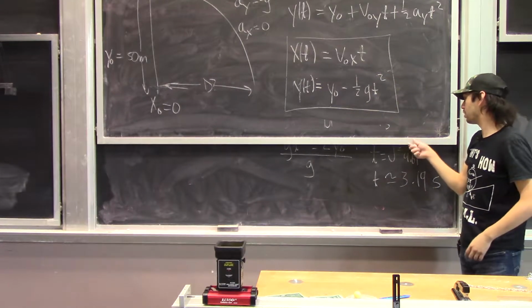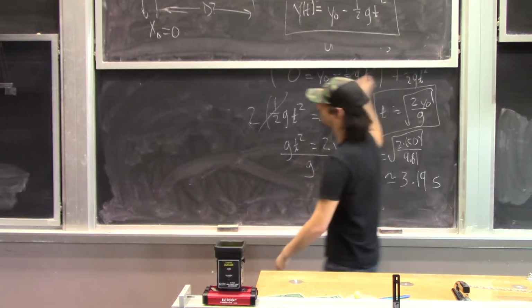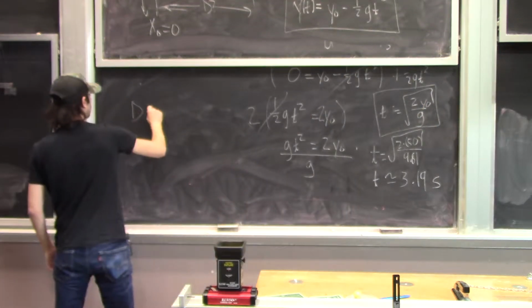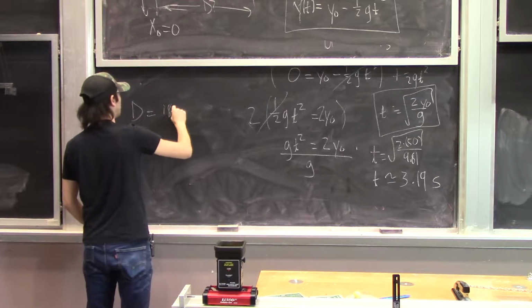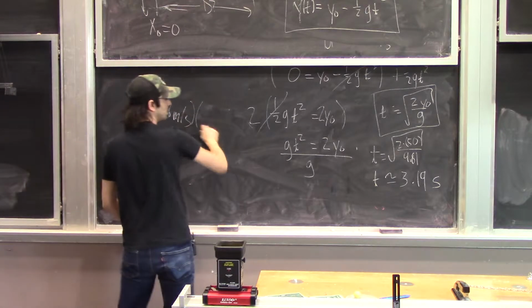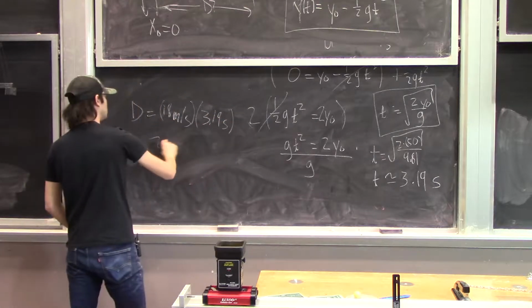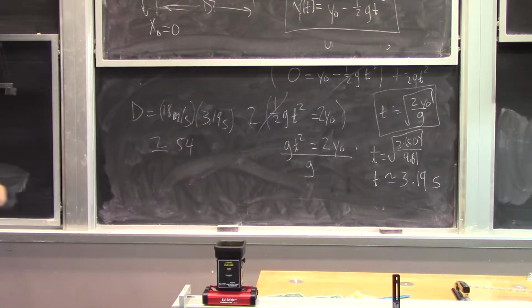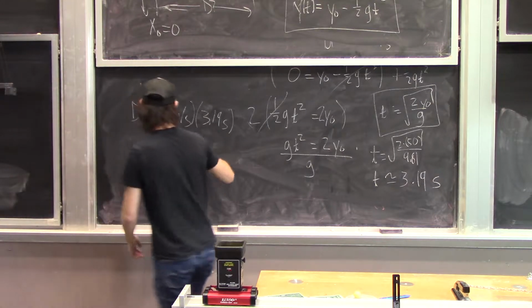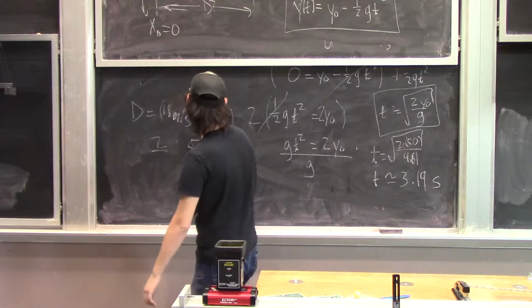So we plug the time into it, and this distance d is going to be equal to the initial velocity, which is the 18 meters per second, times the time that we have, 3.19 seconds. This is about equal to 54, which is one of the answer choices here. 57, close enough, right? So this is 57.4 meters.